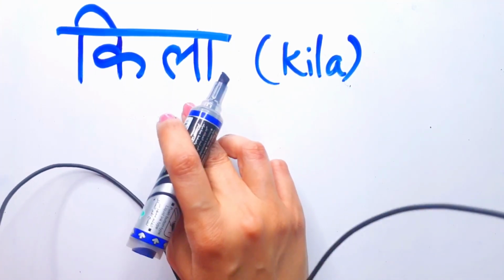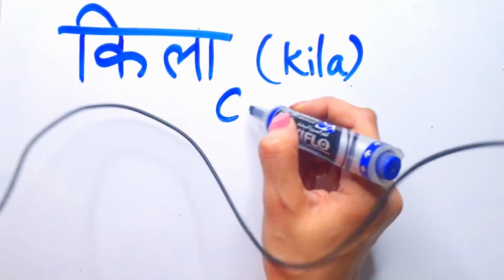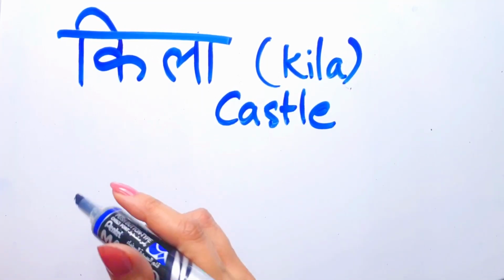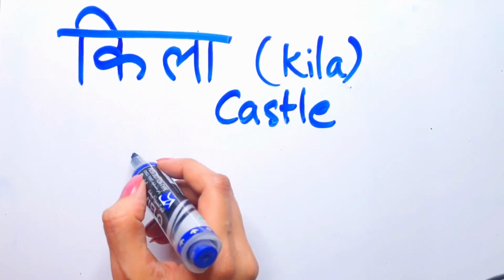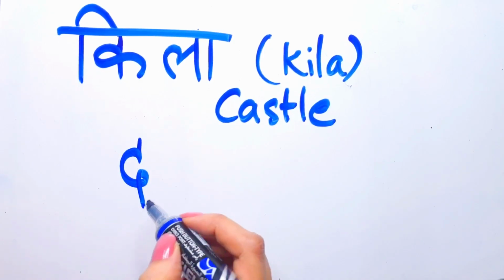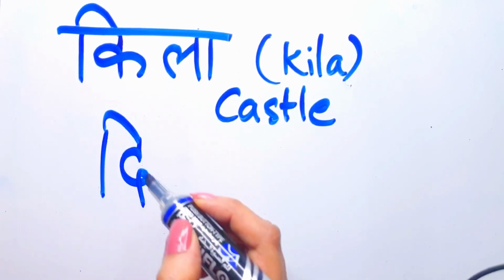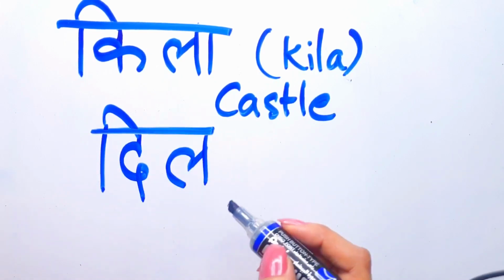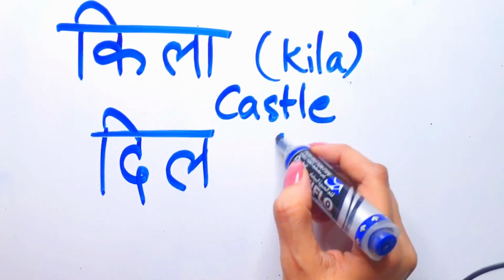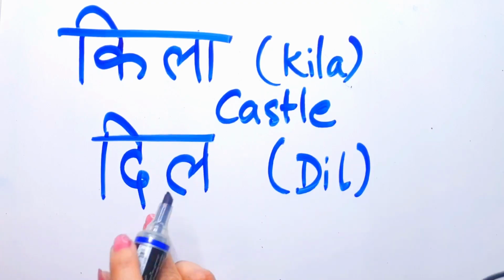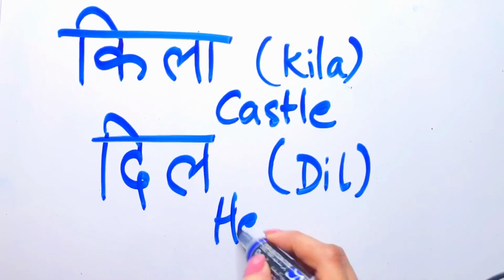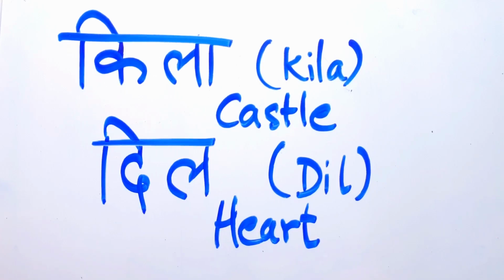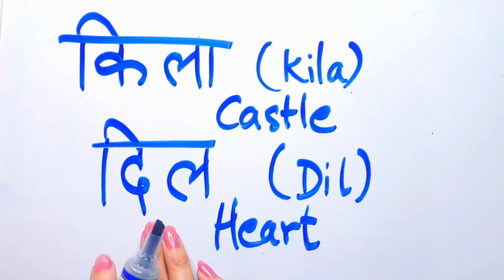And this means a castle. Then let's see another word. So you have di, la, dil. And dil means heart. So kila and dil.